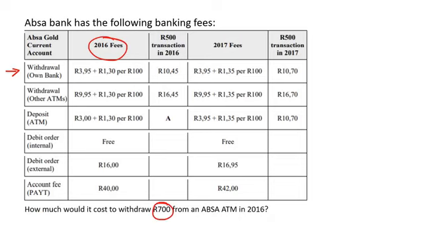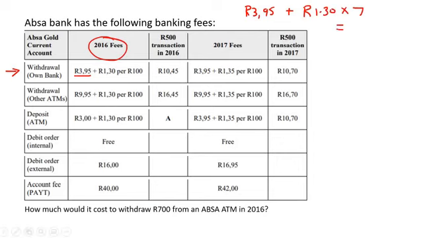So it says that you're going to pay 3 Rand 95 plus 1 Rand 30 for every 100 Rand. But how many 100 Rands are we going to be getting? We're going to be getting 7 of those. So we're going to say 1 Rand 30 multiplied by 7.